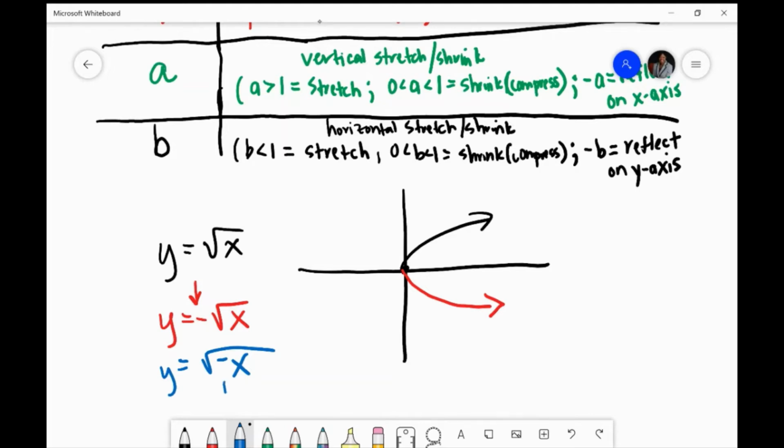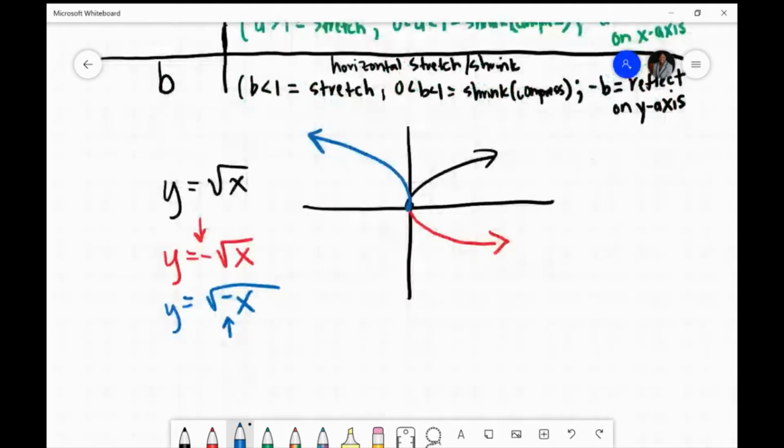One is on the outside, one is on the inside. The one on the inside is going to go this direction. And you could have both. So you could have y equals negative square root of negative x. That's going to be down here. It's going to reflect on both at the same time. Not only will it reflect down here, it'll flip over the y-axis too.